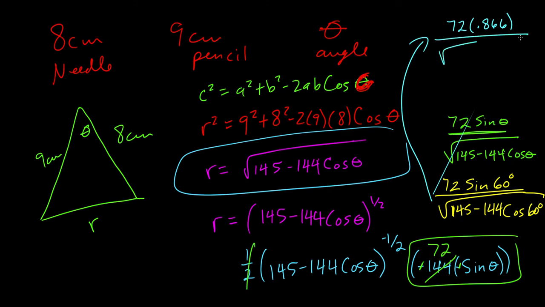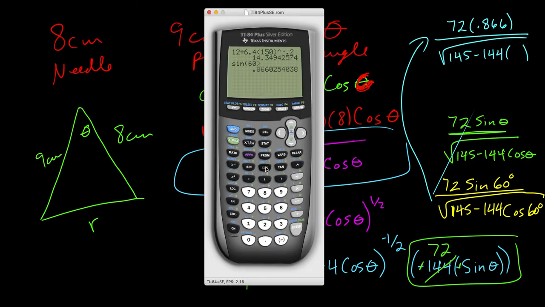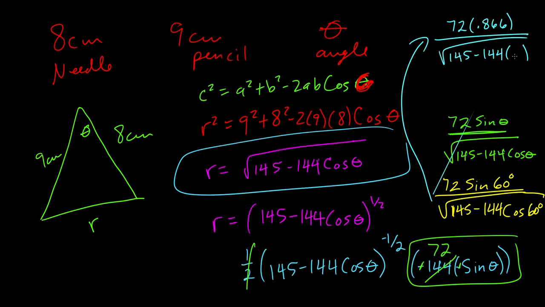Then I have 145 minus 144, and then I need to find cosine 60, and that's 0.5.